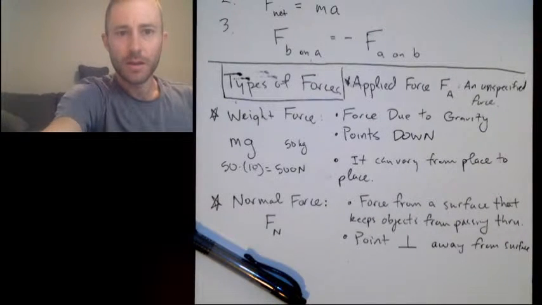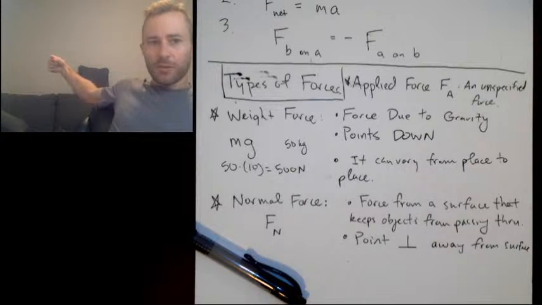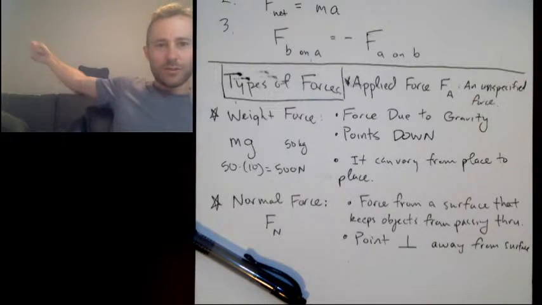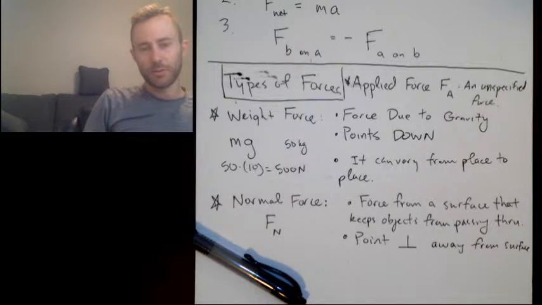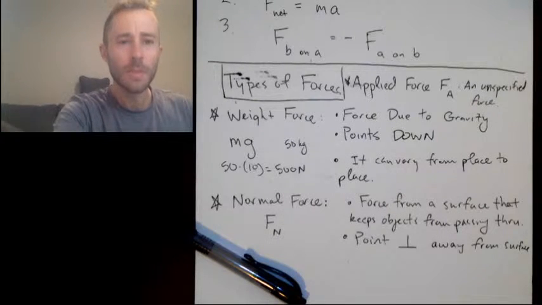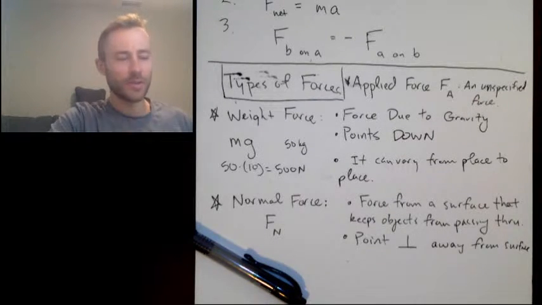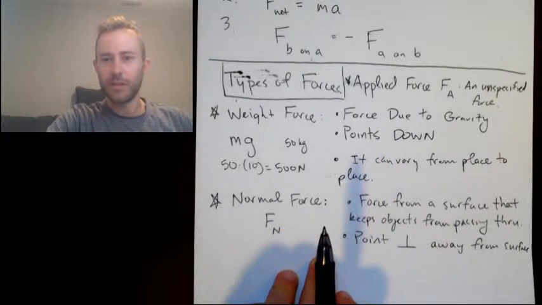If you have a wall, like the wall behind me, the normal force is going to point towards you guys, away from the wall. So it always points perpendicular to the surface and away from it. We're going to do a number of examples with normal force because it can be a little bit tricky.